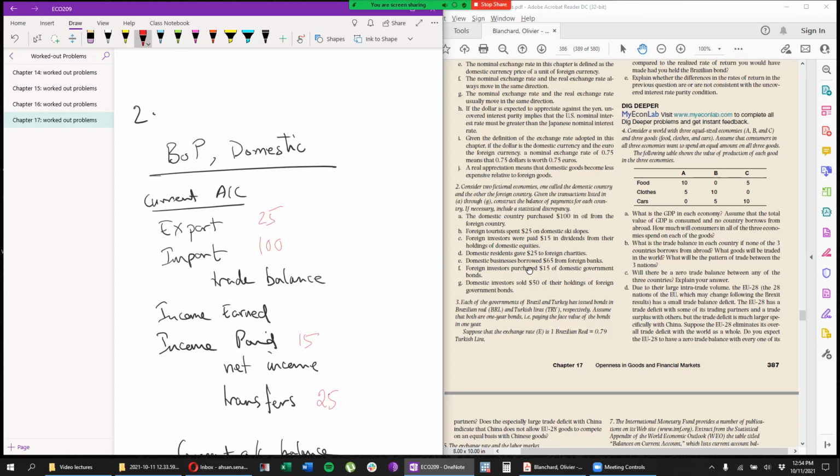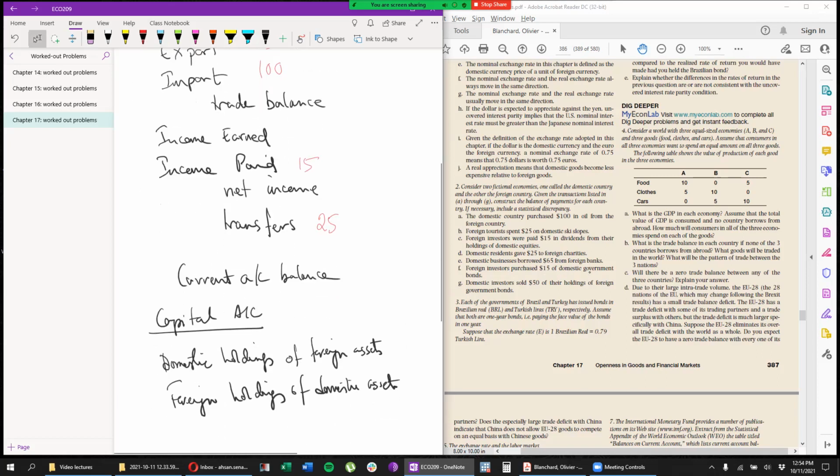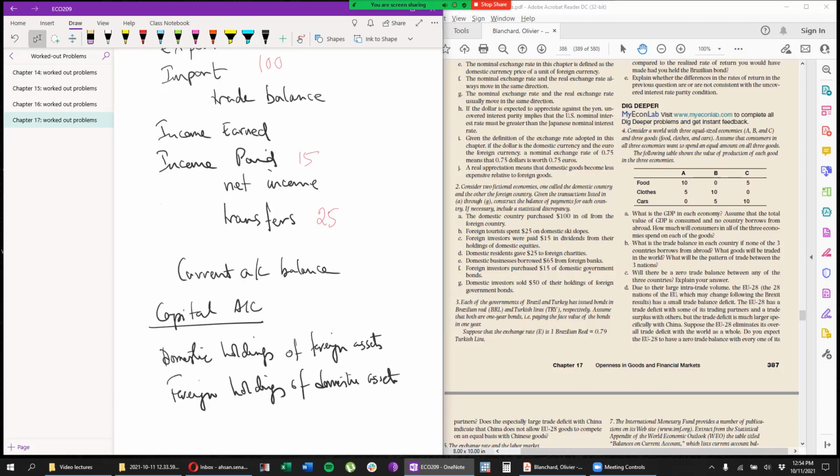Part E, domestic business borrowed 65 from foreign banks. So when local firms are borrowing from foreign banks, that's increasing foreign holding of domestic assets, right?